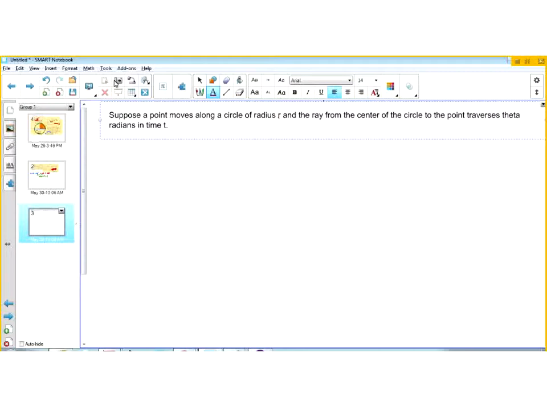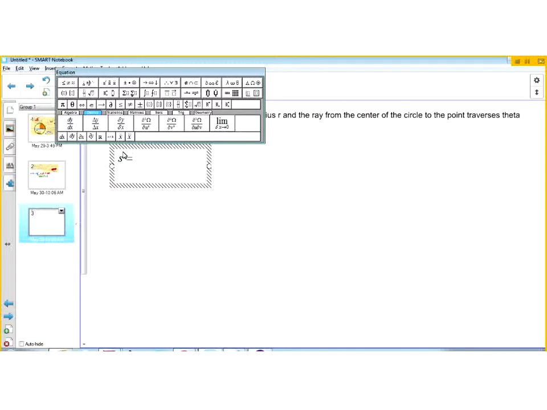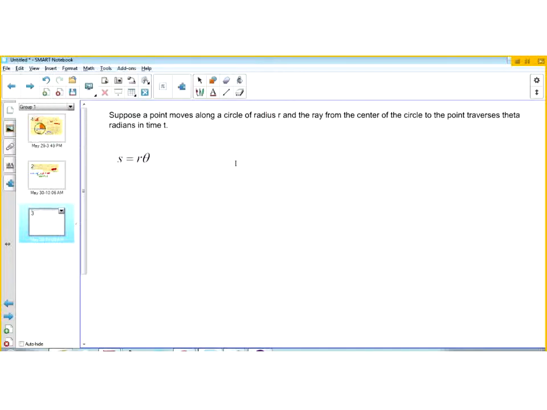Let me pull up the math tool. We're going to let S equal r theta. So that's the position. Let S equal r theta. So what is S?